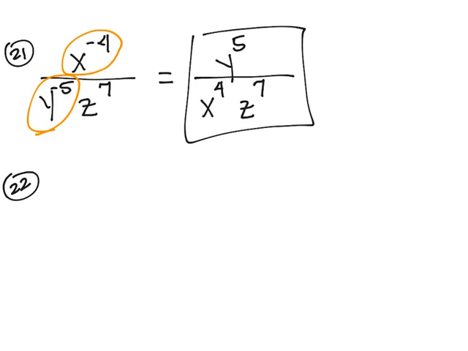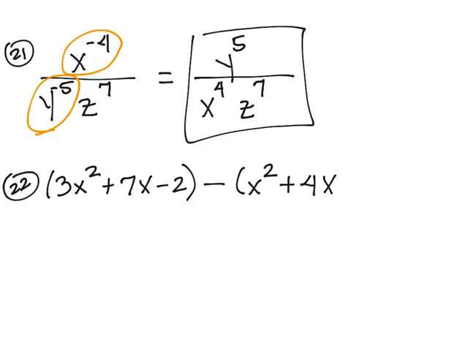22 says, let's perform the indicated operation. We got 3x squared plus 7x minus 2 in the first parenthesis, minus, in the second parenthesis, x squared plus 4x minus 1. So when you're adding and subtracting polynomials and there's a dead negative in between them, you got to do what? Okay, you're going to put a 1, but you're going to distribute that negative inside.